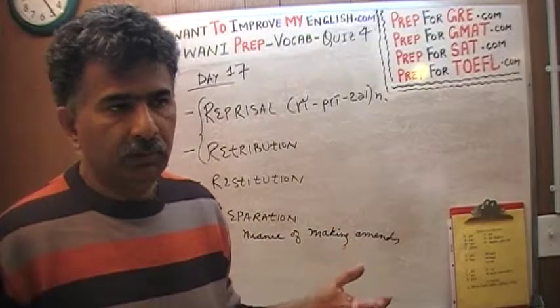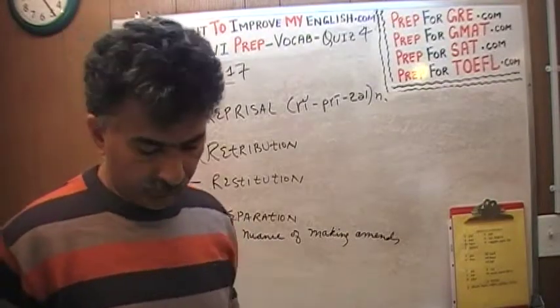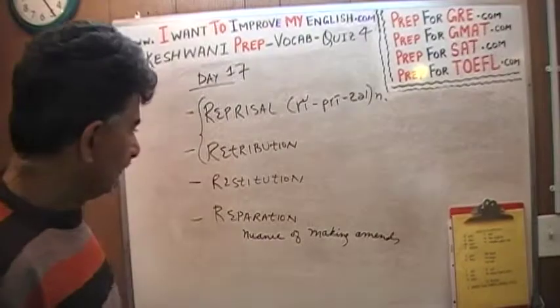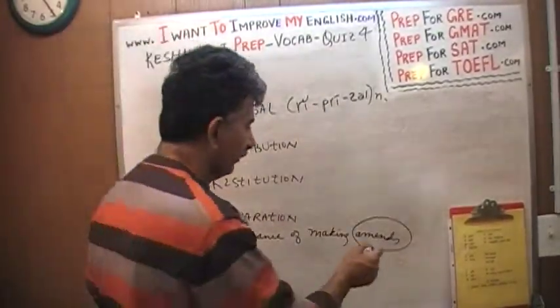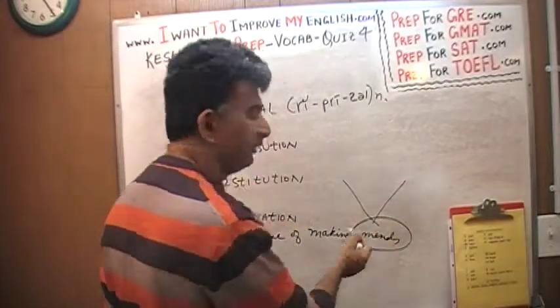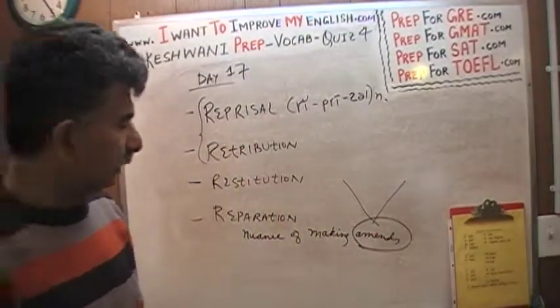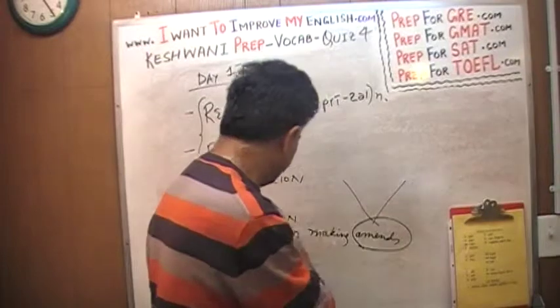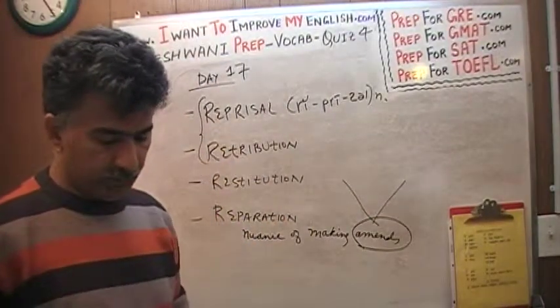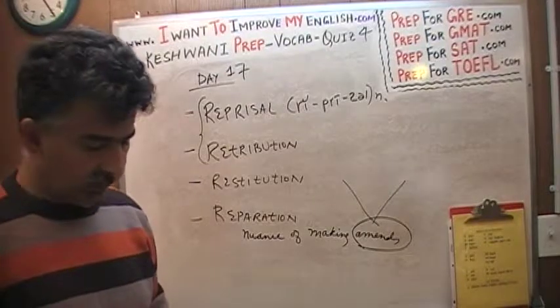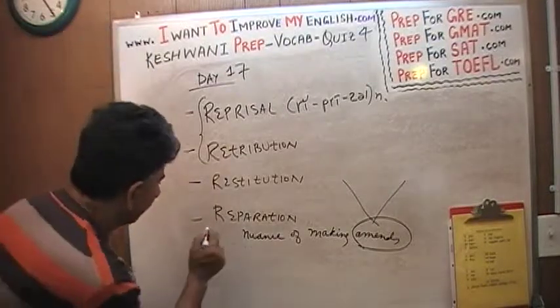You're expressing your remorse for having done something wrong. Then we talked about the word amend itself. Amend has two meanings. One meaning of the word amend, of course, is to amend a law, which means to improve or revise a law. The second meaning of the word amend, of course, is what we are using here, which means to improve your behavior, to atone for your sin, to expiate. So that's what reparation was.